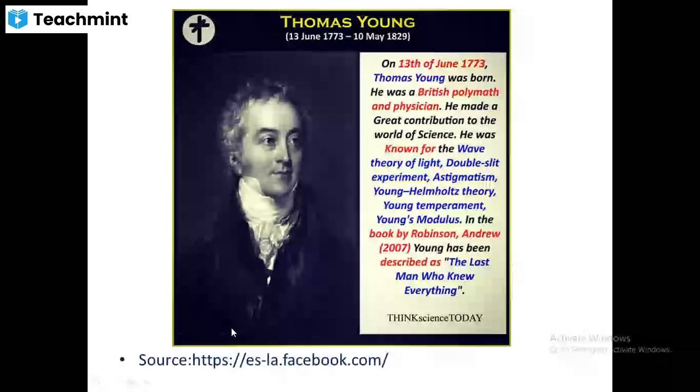See, this is the man who is responsible for demonstrating interference, a great scientist known as Thomas Young. Thomas Young demonstrated the phenomenon of interference for the first time in his famous experiment known as Young's double slit experiment.